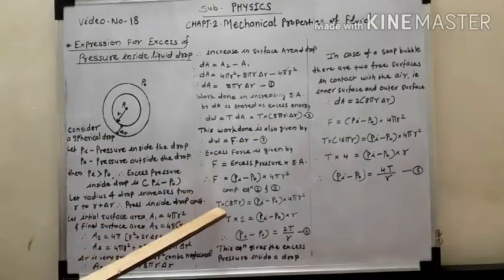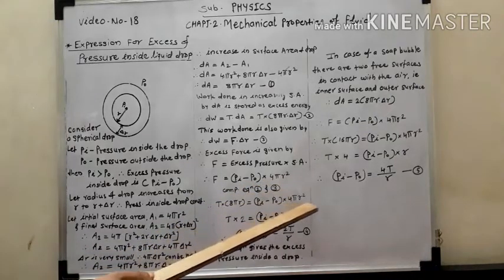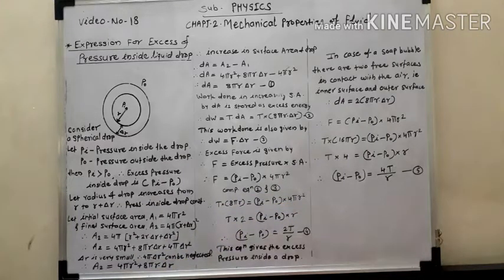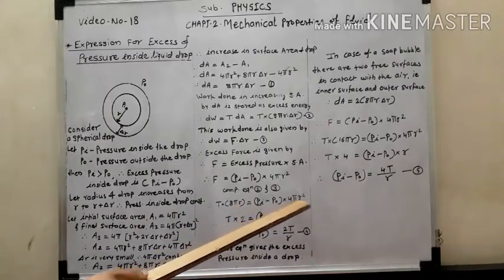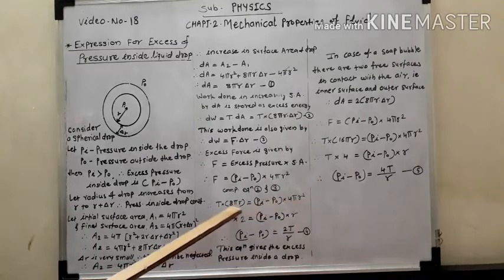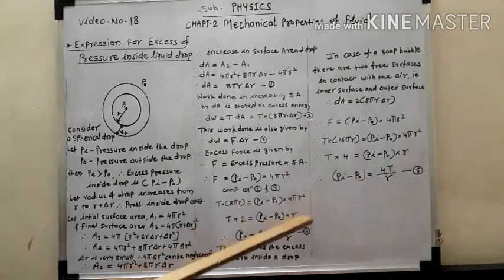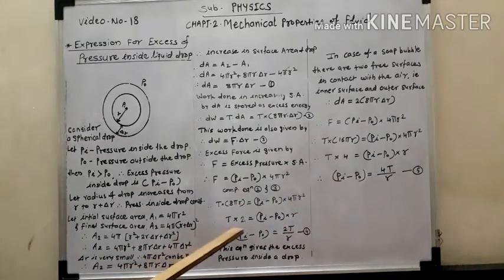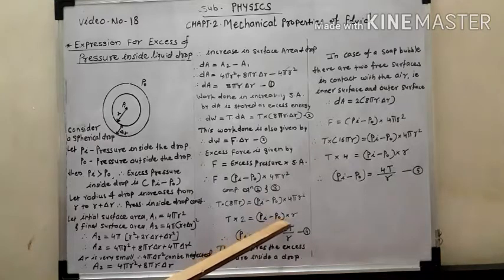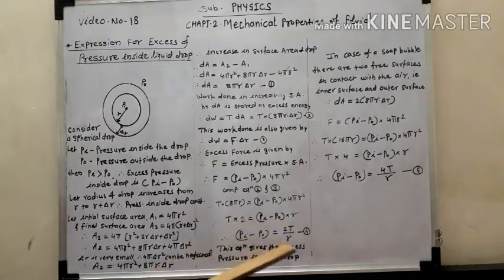Instead of F, we write T into 8 pi r is equal to Pi minus Po into 4 pi r square. Cancelling LHS and RHS, pi gets cancelled, 4 twos are 8 so 2 remains, and one r cancels, leaving T into 2 is equal to Pi minus Po into r.